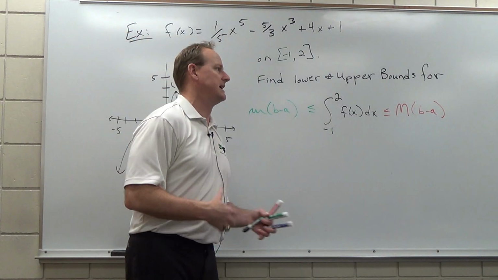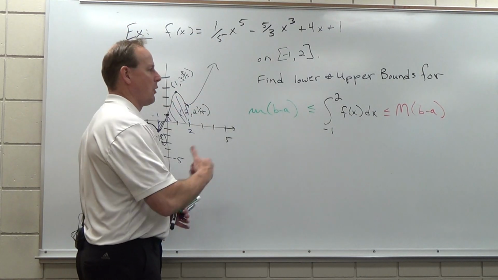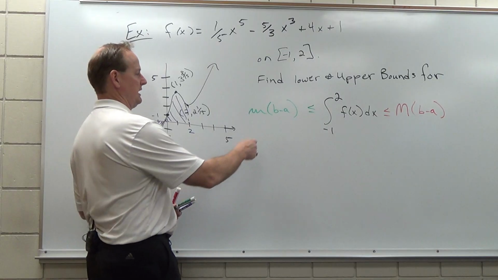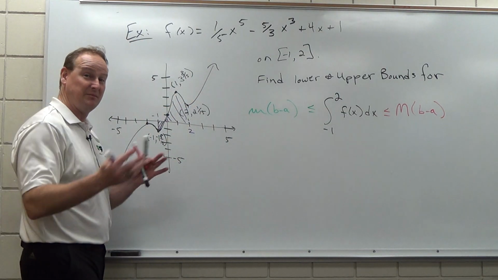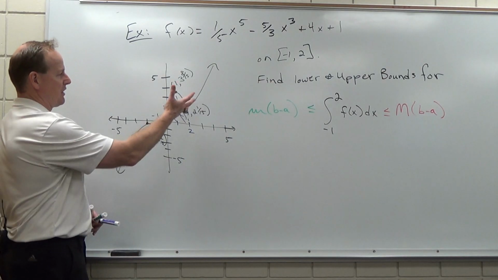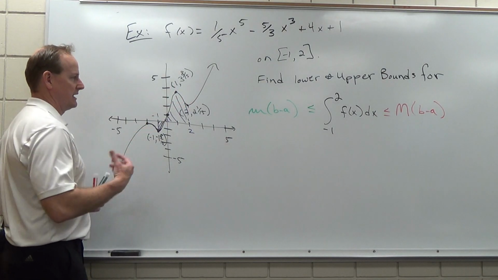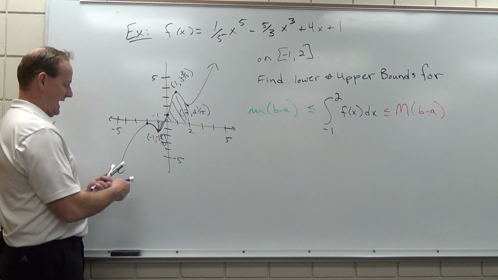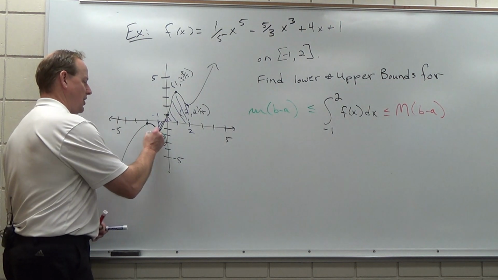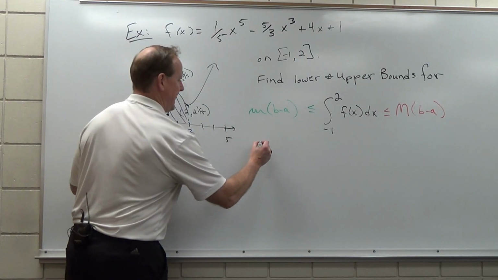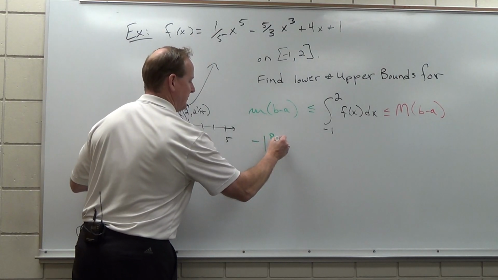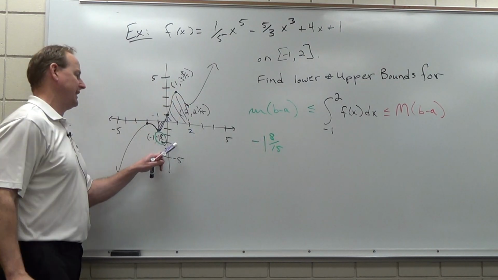So let's take a look at this to come up with a real quick lower and upper bound. Let's start with the lower bound. The absolute minimum height on this, once again, if you don't believe me, go look for that video where we graphed this thing so meticulously without technology. But we know the absolute minimum height occurred when x equals -1. And we know that absolute minimum height, which I've written very tiny there, is -1 and 8/15.